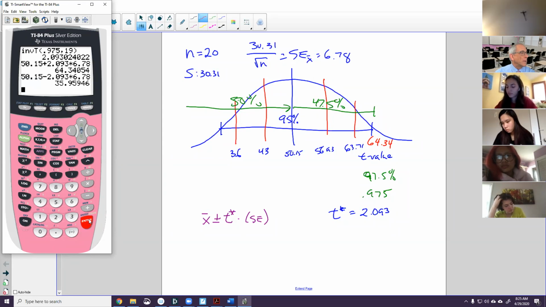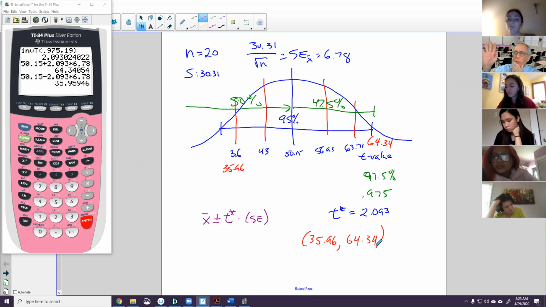So at the other end, it's going to be 35.96. So my confidence interval, I would write, as 35.96, comma, 64.34. So again, let's pause and make sure everybody's with me here.